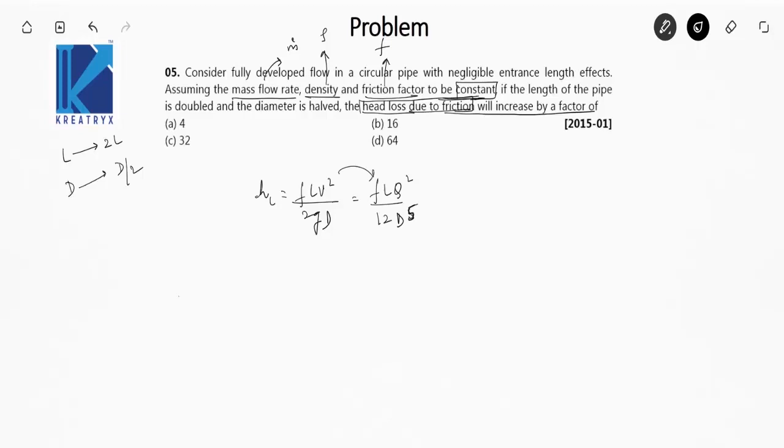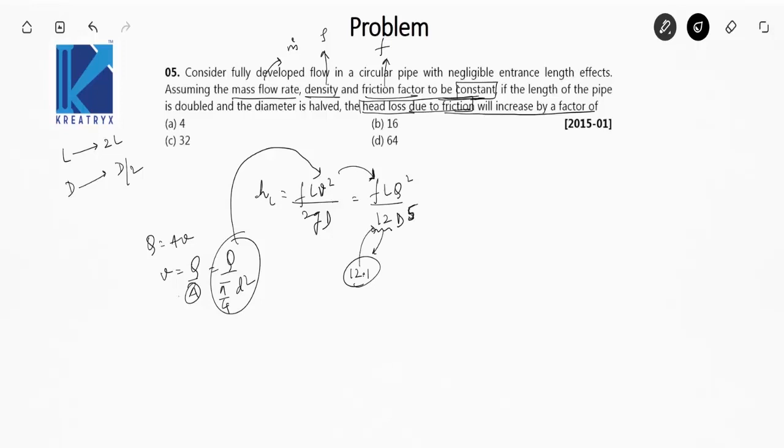We have substituted V from Q is equal to AV, so V is equal to Q by A, which is Q by pi by 4 D square. So we have put this value here and gotten this result. Actually this constant is 12.1, but approximately we take this constant as 12 into D raised to 5.